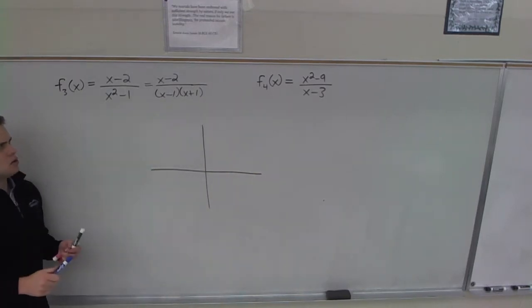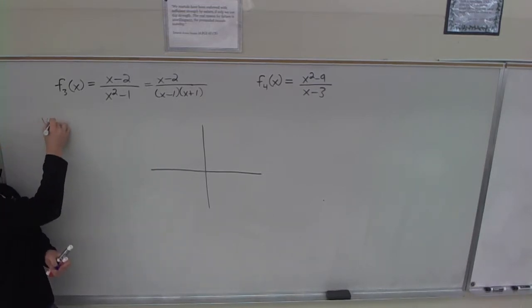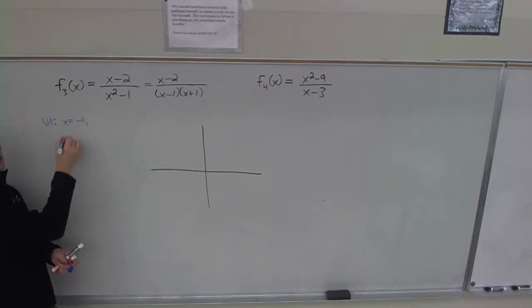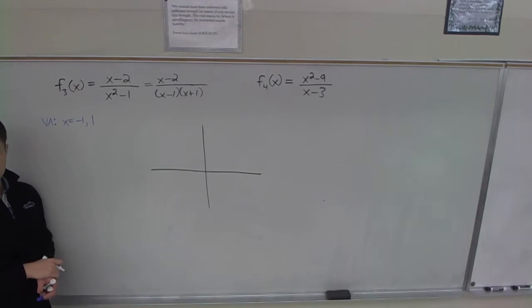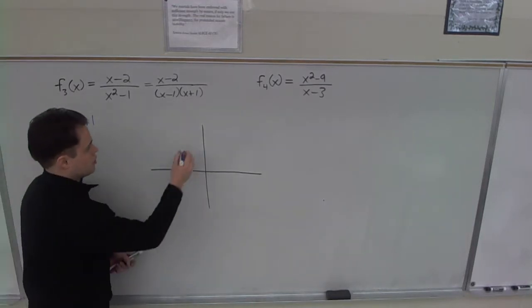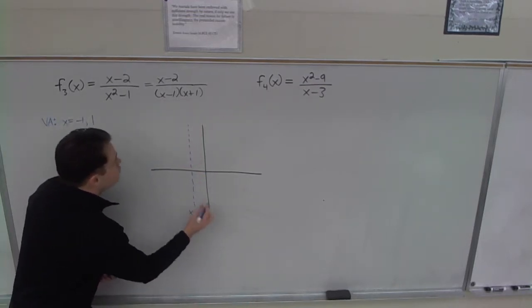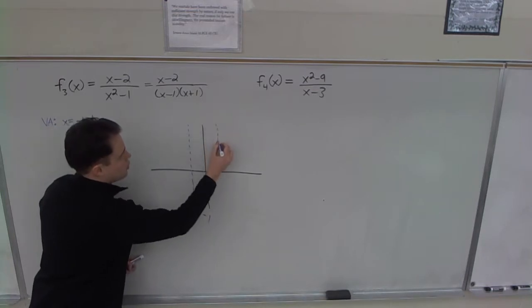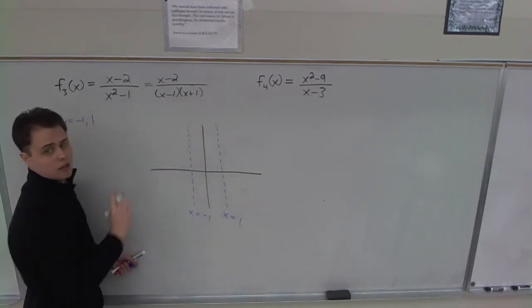All right, so it's going to be undefined and have vertical asymptotes where? At -1 and 1. Because you look at the bottom for places it's undefined, right? That's where you're going to be broken. You're going to be broken on the graph right here at -1 from that guy, and right here at 1 from that guy.